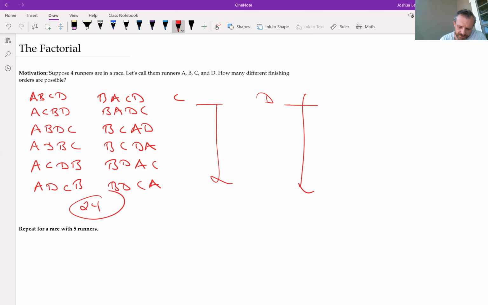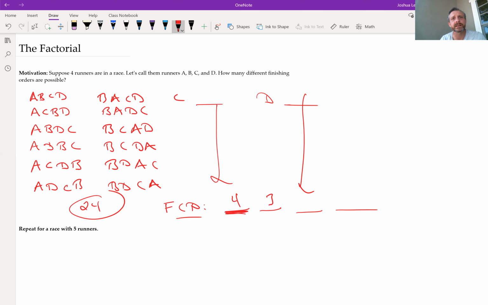Okay. We could also look at this with the fundamental counting principle, right? If you think about events, you've got these 4 runners, and the first place runner. How many runners could possibly get first place? Well, there are 4. After someone's gotten first place, how many runners are left for second?